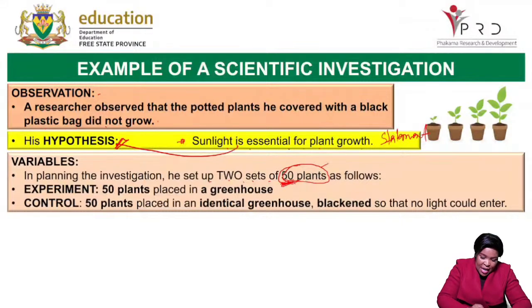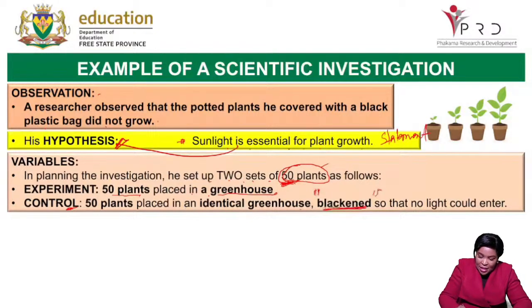Then in the experiment, he put the 50 plants placed in a greenhouse. And then in the control, remember, he started by placing them in the dark. So his is quite the opposite, because his control will therefore be the one that is placed in an identical greenhouse but blackened, because this is actually what he was observing.